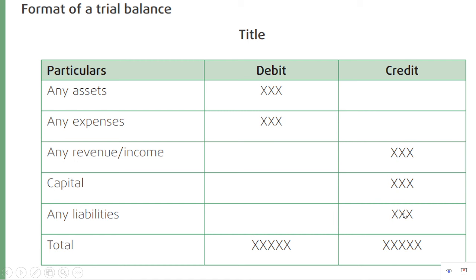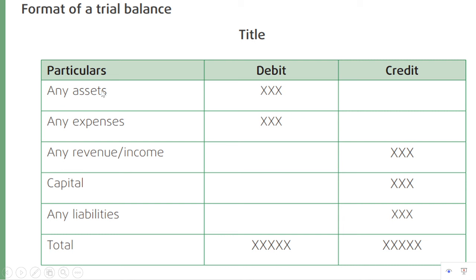Here is the format of the trial balance. You have to put there the title, for example, the name of the company as at the end of a given date. Then the particulars or the account details, debit and credit. On the debit side, you bring the normal balances.